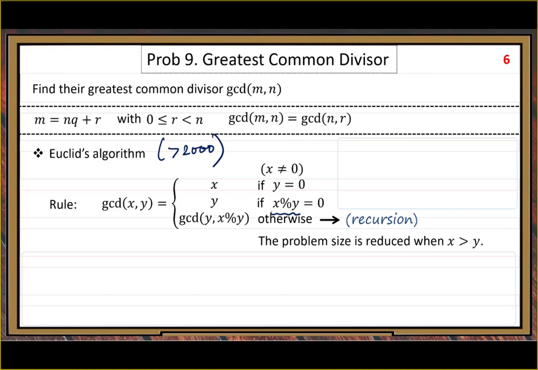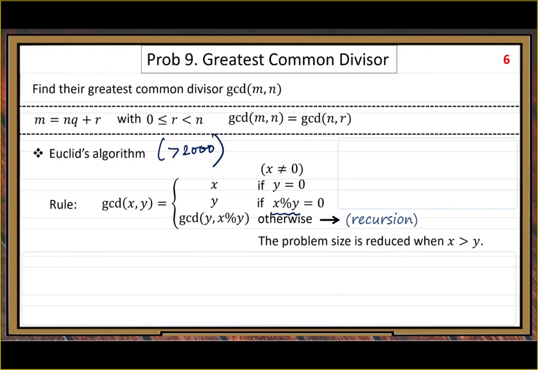Now, we want to see if we apply this algorithm on two huge integers, 1,000 digits. To be fair, we can still apply it on 1,000-digit integers, n and m. We do integer divisions, much faster than prime factorization.